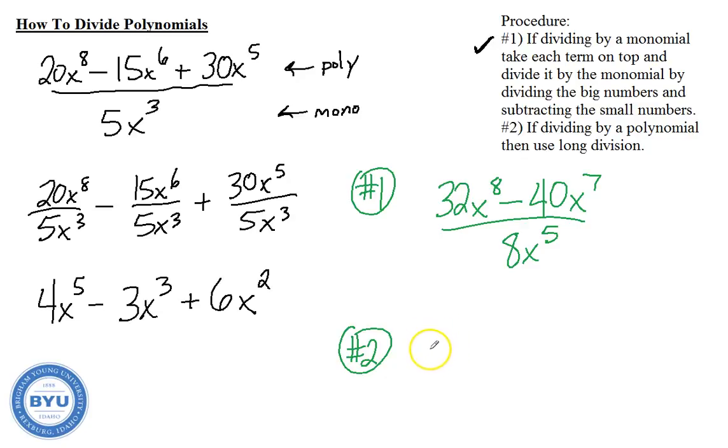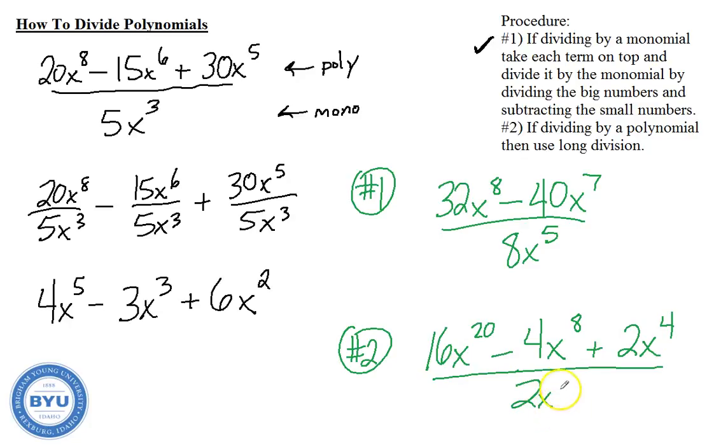Let's go with 16x to the 20th minus 4x to the 8th plus 2x to the 4th, and we want you to divide that by 2x to the 4th. Go ahead and pause the video now and work on dividing these polynomials by the monomial on bottom.